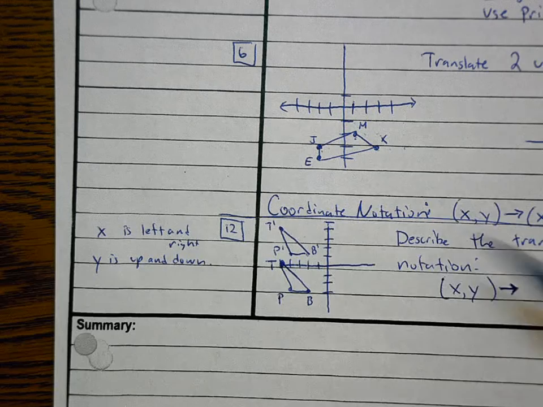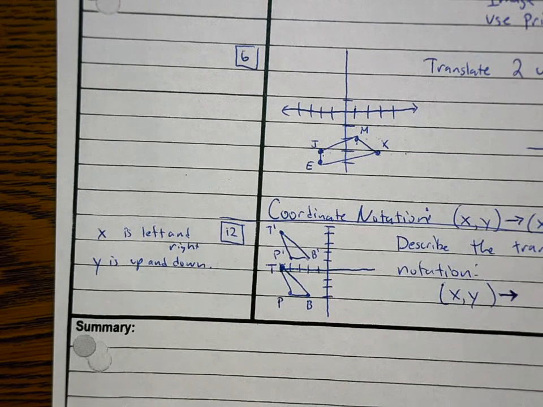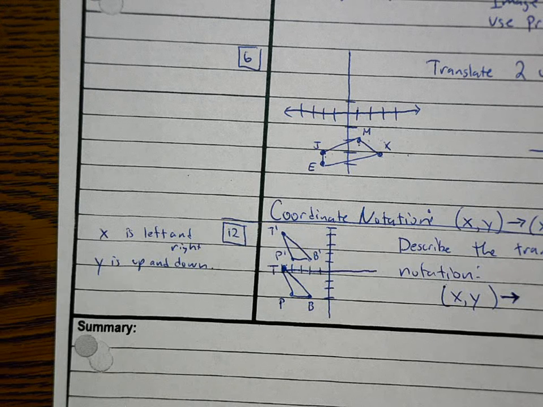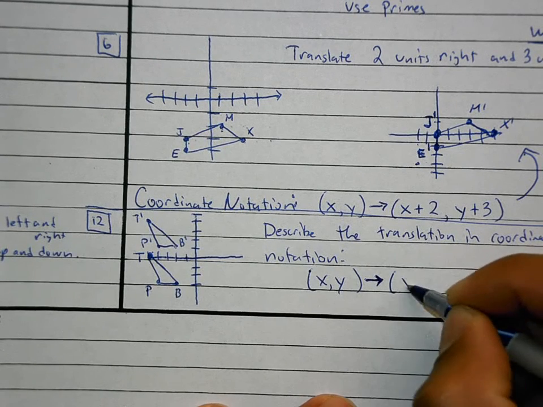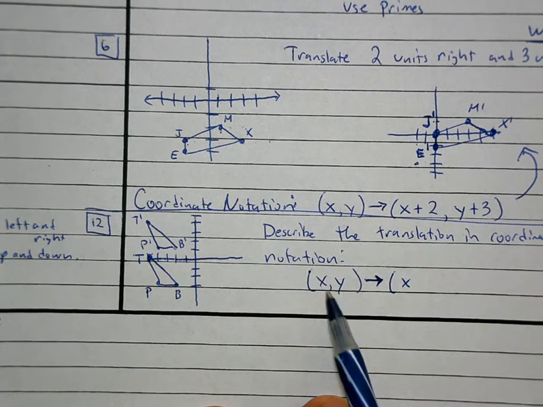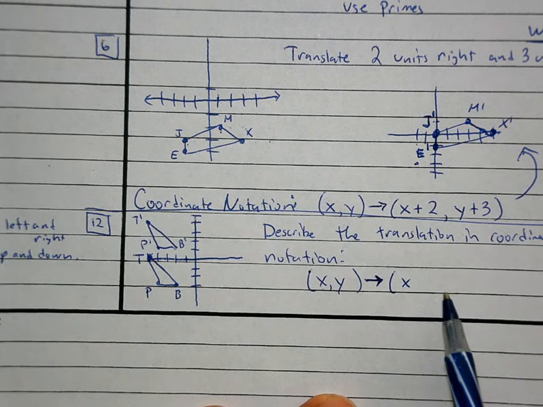When I look at T and T prime, they didn't move anything left and right. You could think of it as adding 0, you could think of it as subtracting 0, but if I do x plus 0, guess what that is? That's just x. The x is going to stay the same. You could think of it as x plus nothing, but that simplifies to x.